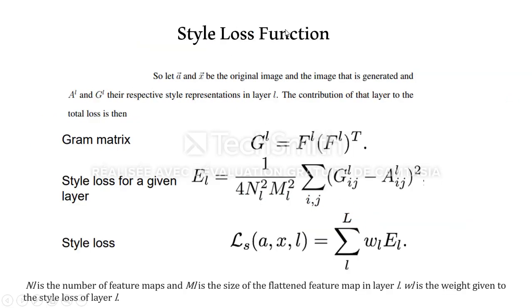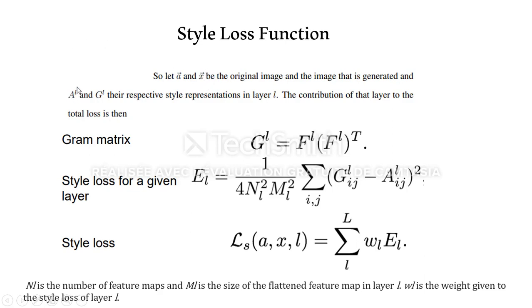Now for the style loss function, if you already understand the gram matrix, it's going to be easy. So I have my a image is my style image, and my x is my image that I want to generate.